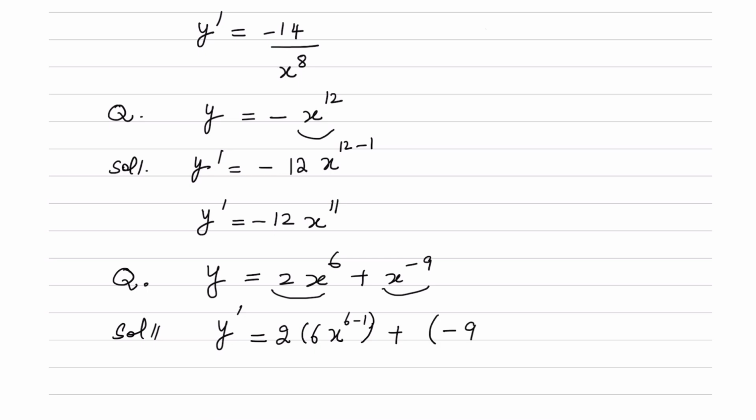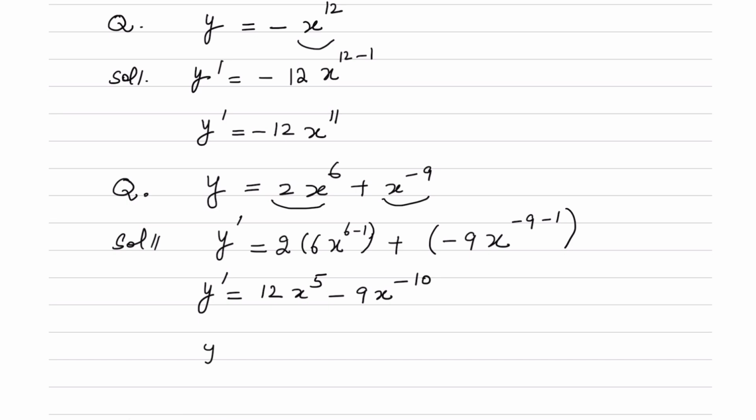So minus 9 comes on the side, x to power minus 9 minus 1, and then you can simplify this whole expression. 6 times 2 is 12, x to power 5 minus 9 x to power minus 10. You can rewrite this expression in a more simplified form: 12x to power 5 minus 9 over x to power 10.